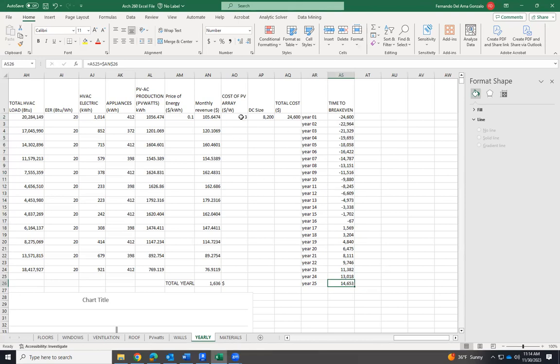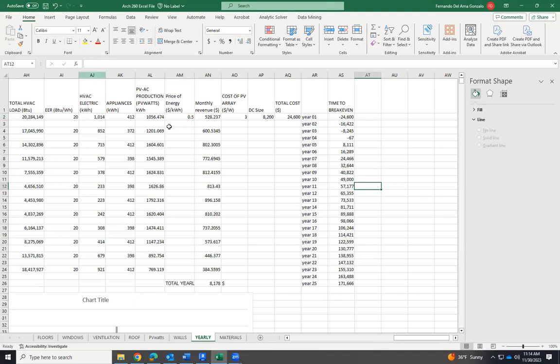Okay, so this is the first thing that you have to understand. Investing in renewable energies depends mainly on the price of energy. So the more expensive the energy, the better the investment in renewable energies.